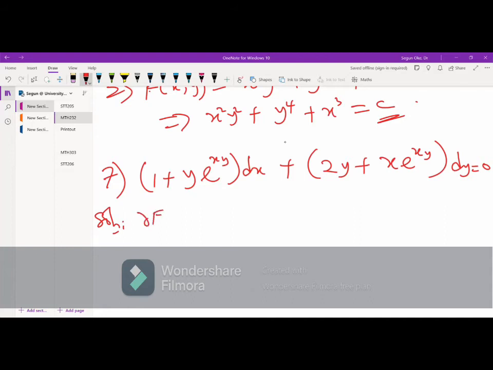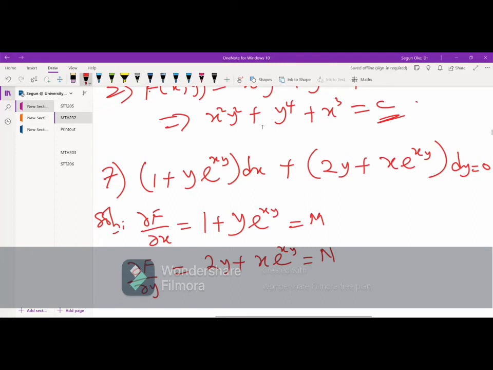Our partial f with respect to x is equals to what? 1 plus y exponential xy, which equals to m, right? Then we have the partial f with respect to y equals to 2y plus x exponential xy, which is n.